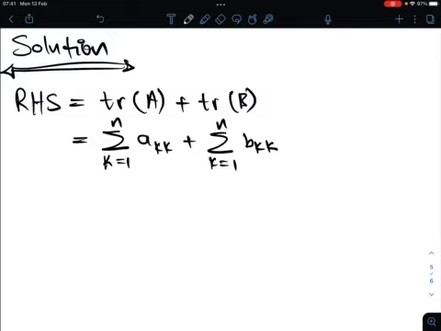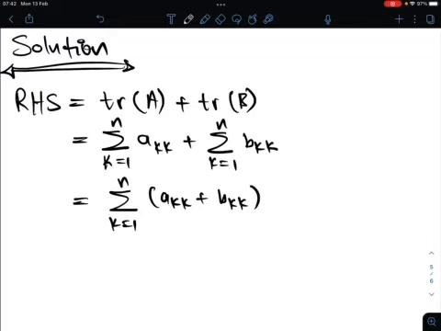But what we have now is two sigma signs which both count from the same start to the same end. So according to the properties of the sigma notation, I can combine these to sit under one sigma notation to get the sum of a_kk plus b_kk. Now inside the brackets you have a sum of the diagonal elements of two matrices.